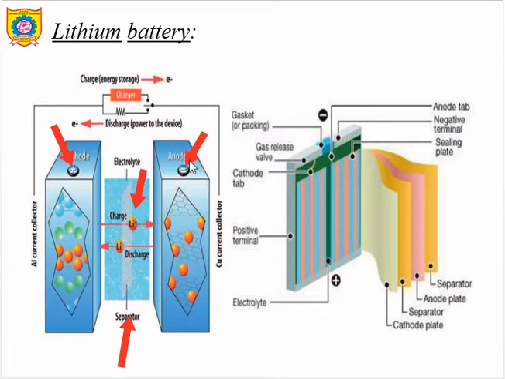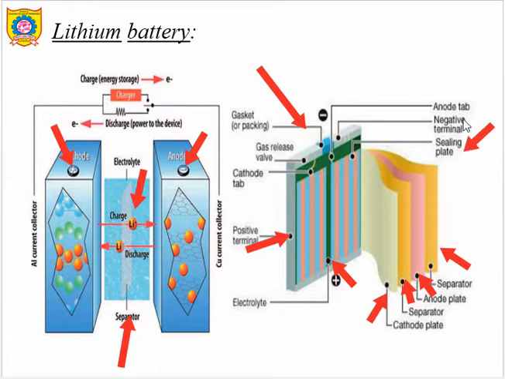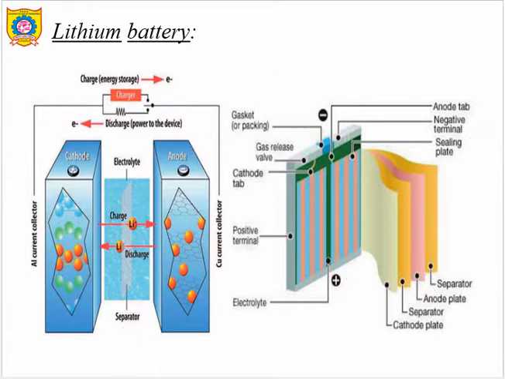The same parts can be seen here: the separator, anode plate, cathode plate, the electrolyte, the positive terminal, the gasket packing at the top, and the sealing plate. So these are the main components of a lithium ion battery.